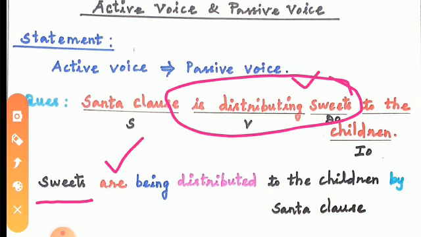It is in present continuous tense, so I add being as a be form verb. Here distribute is changed into V3, distributed, and the preposition by is added, and I add the indirect object in front of the preposition. We may add it at the end of the sentence also, which is not a problem.